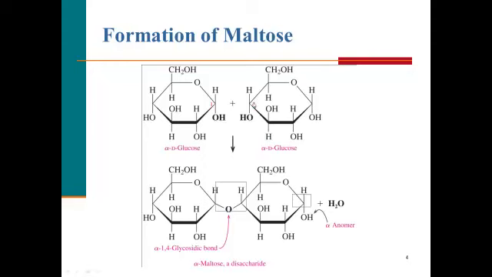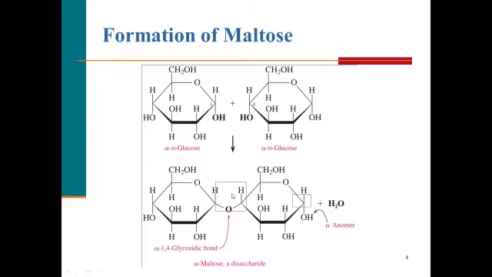Remember that we draw these in a way that carbon 1 is always positioned at this point in our molecule. So this is carbon 1, this is carbon 2, 3, 4, 5, and 6. Over here, carbon 1, 2, 3, 4.